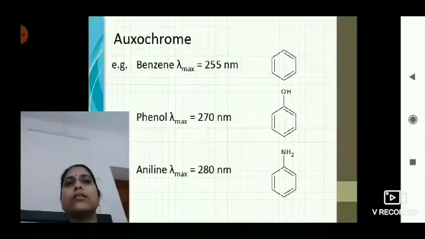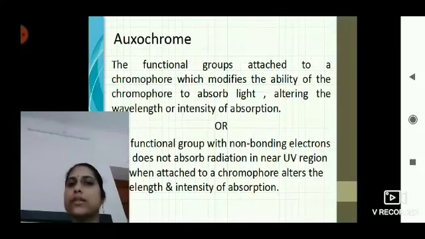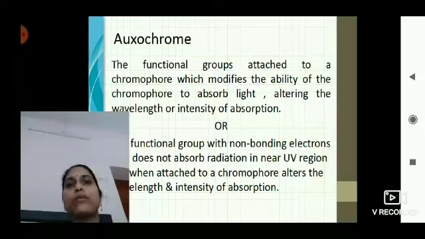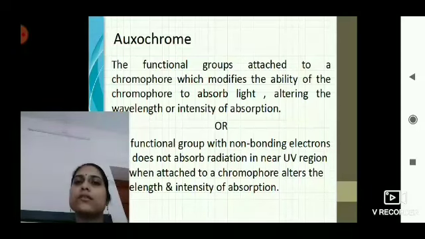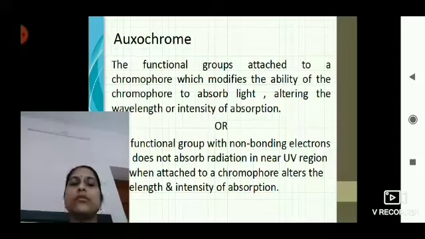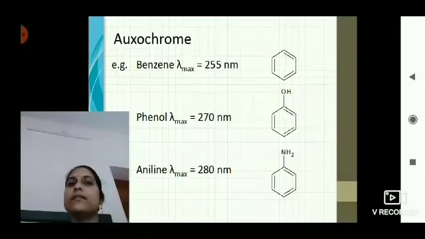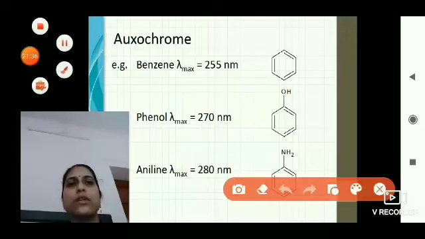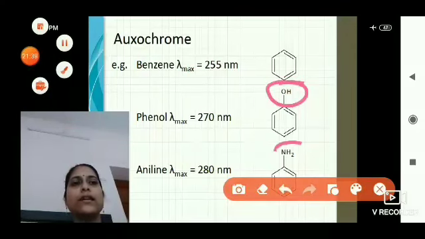Now auxochrome. What is auxochrome? Auxochrome is not responsible for color by itself, but it is a group which, when attached to the chromophore, makes this chromophore show color. In this example, the auxochrome groups are hydroxyl groups and amine groups.